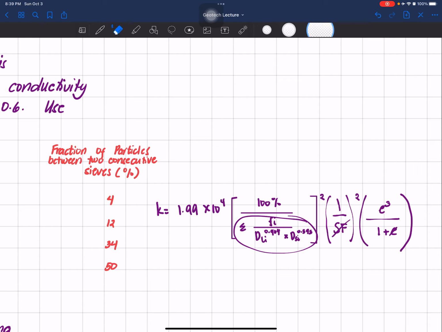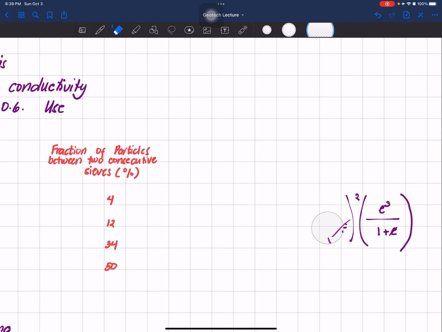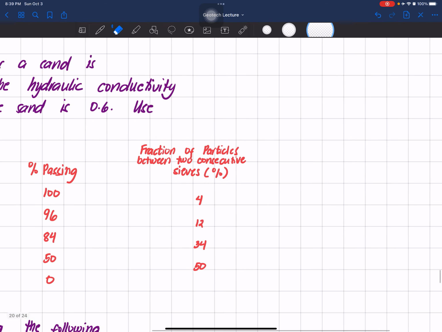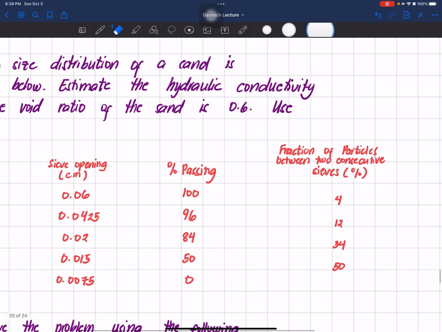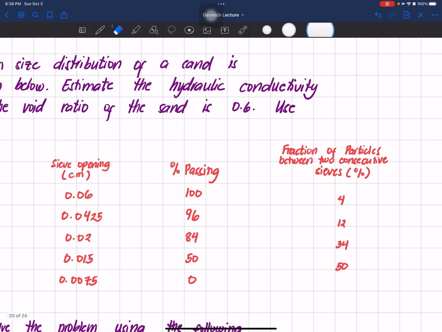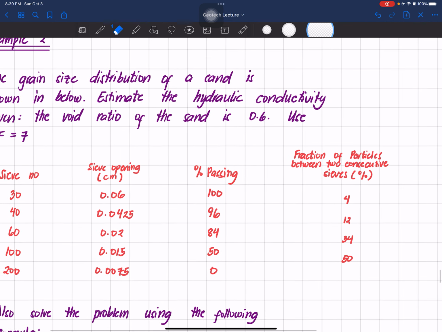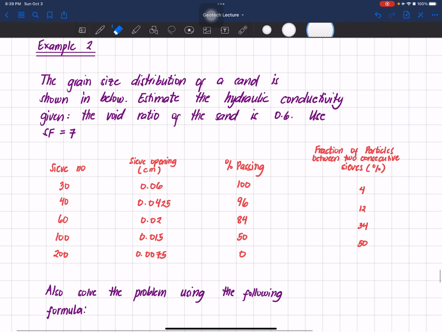Let me erase this so it's not too messy. The DLi and DSi are actually easy to solve. What you need to do is identify the fractions in between the sieves themselves.